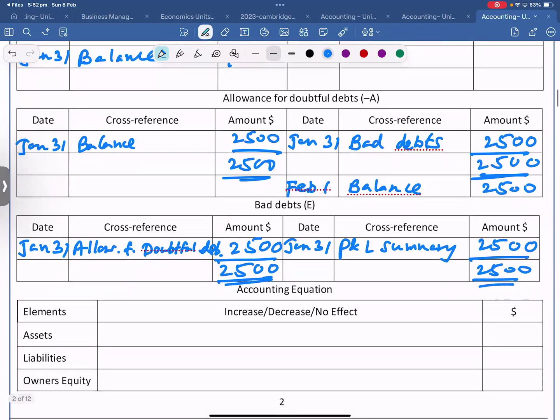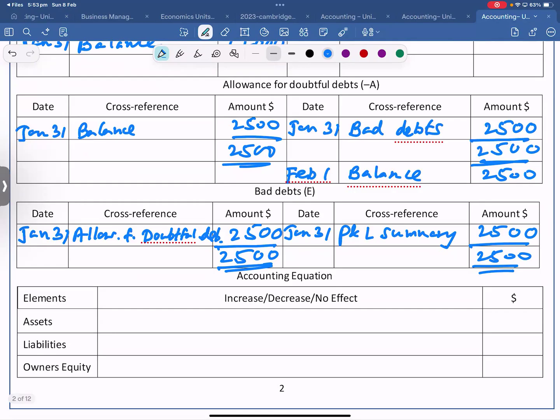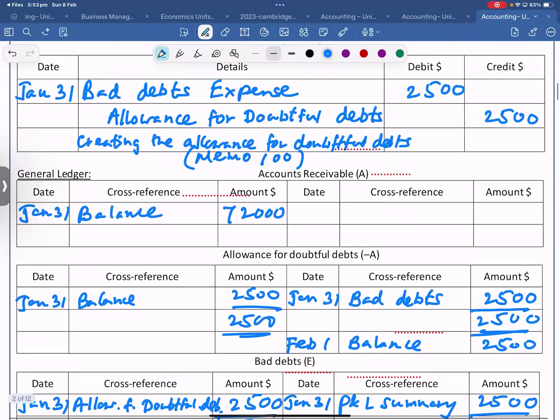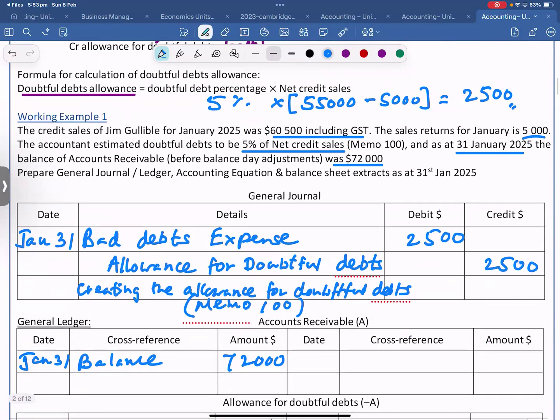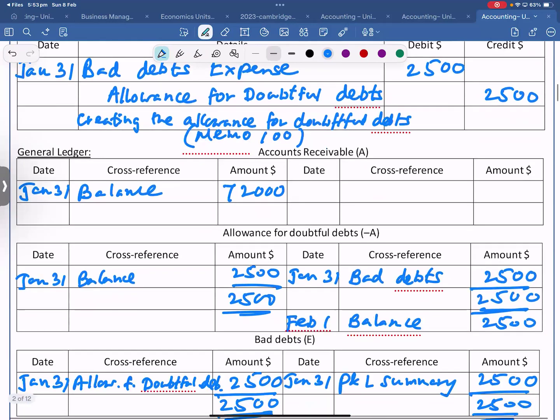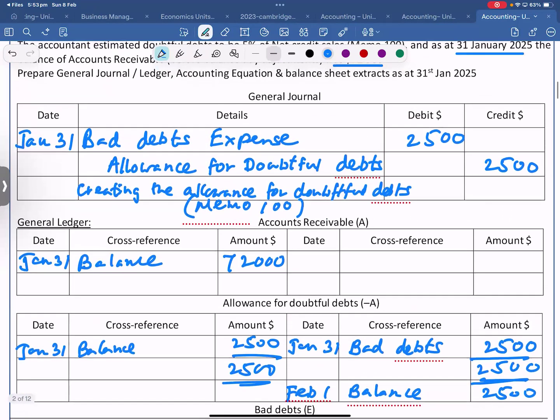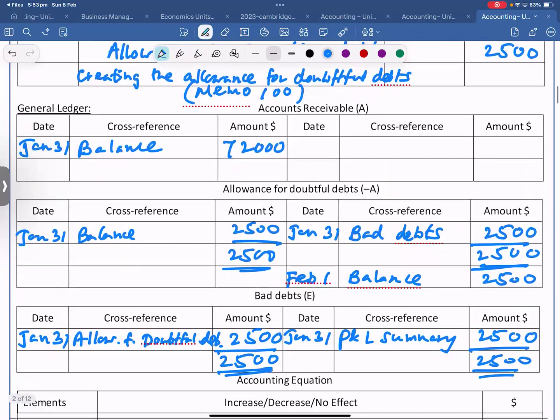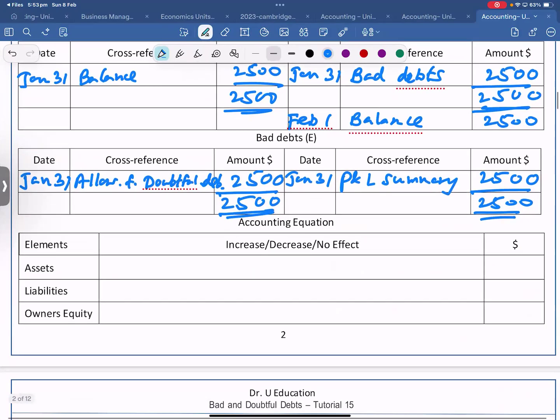Now what is the impact on the accounting equation, guys? Assets increase? You sure? Not because of the accounts receivable. Because of the entry we did, assets decrease. How does it decrease?